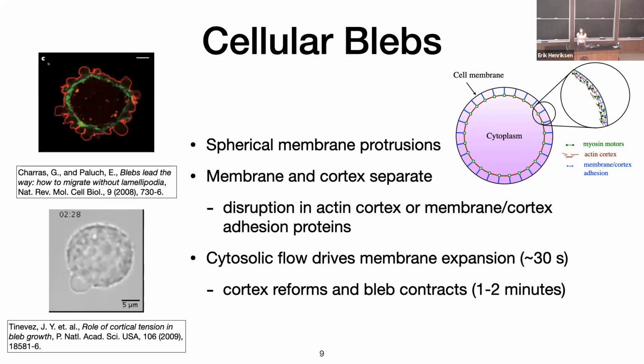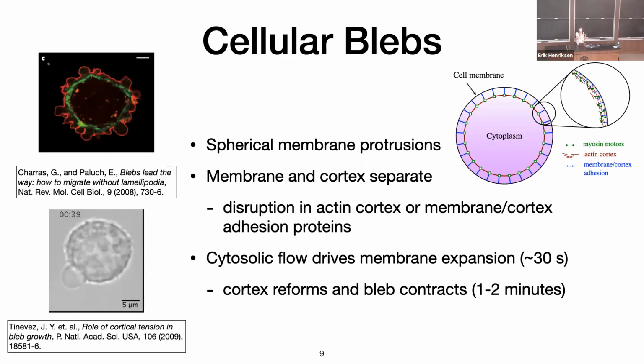The time scale for this is approximately 30 seconds for this cell type. In different cells, they can bleb much faster, such as in Dictyostelium, but the ones I'll be considering are meant to mimic this type of cell. Over time, the G-actin subunits diffuse into the bleb and the cortex reforms. Myosin also reforms, and that's what causes the bleb to retract again.